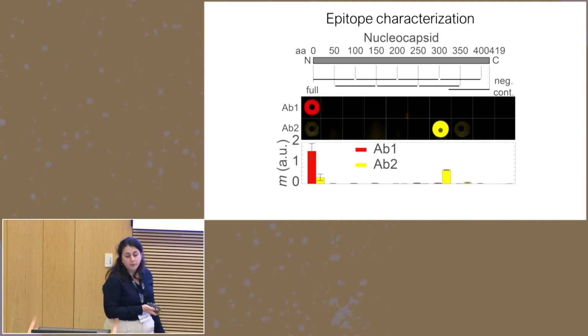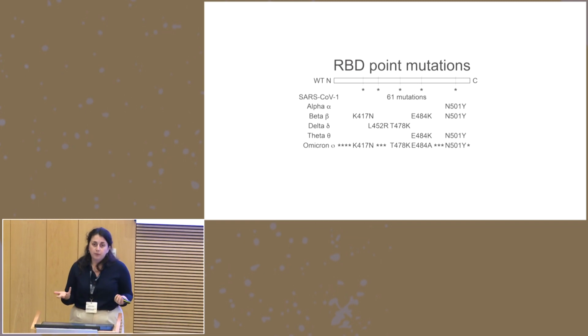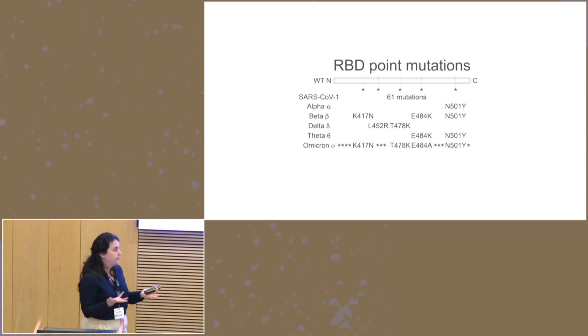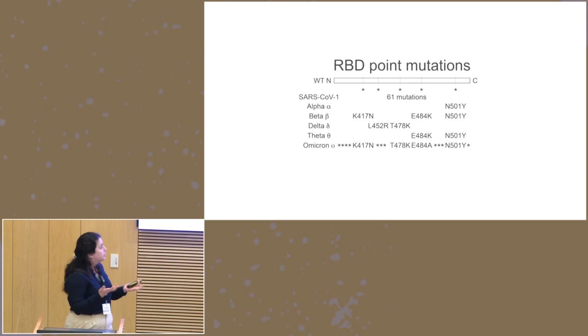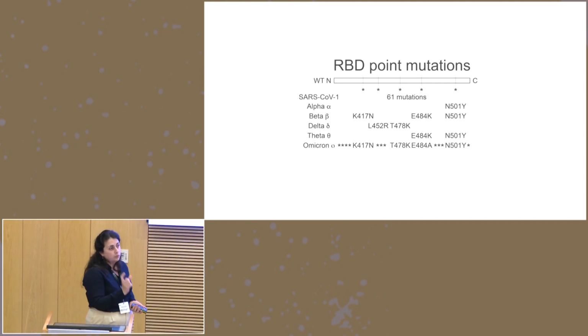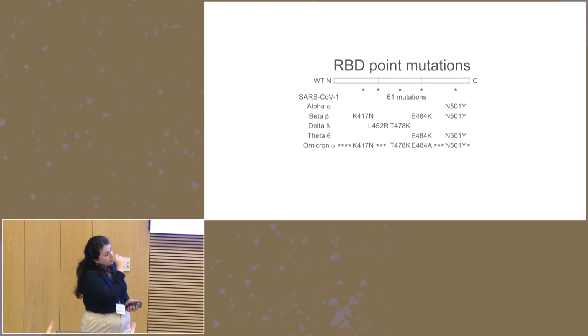Next, we wanted to go beyond what your immune cells can do. So we went into looking at point mutations because we know that viruses mutate, and we know that when viruses mutate, they can evade your immune system. We've all experienced this with the COVID infection. So we focused on the one protein in the SARS-CoV-2 that mutates the most frequently. That's the spike protein, and specifically a subregion called RBD.